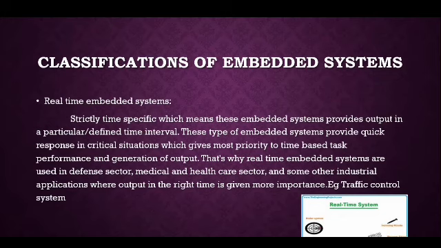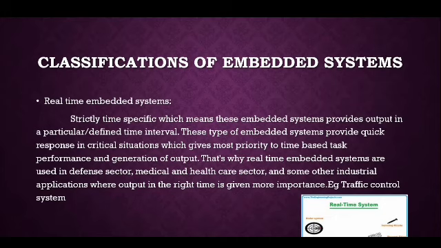And classifications of embedded systems. Real-time embedded systems are strictly time specific, which means these embedded systems provide output in a particular or defined time interval. These are the real-time embedded systems where we can get the output immediately. Example, traffic lights.